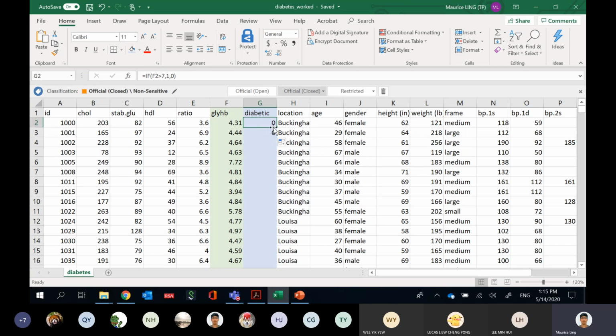Or you go to the end, which is this thing called a hairline cursor or a target cursor, which is for you to drag. You can drag all the way down if you want. Or if you are lazy like me, you go to this hairline cursor and you double click it. You will fill up the whole column for you.